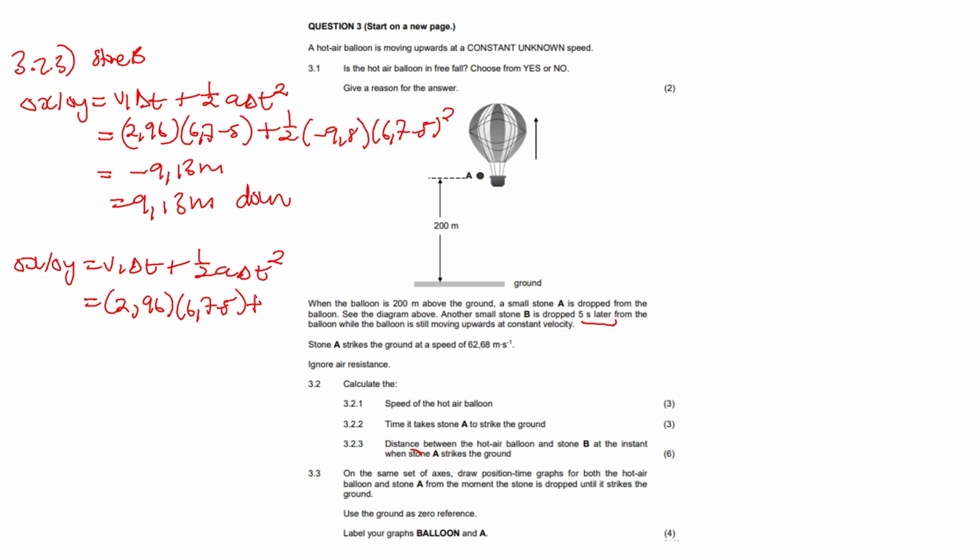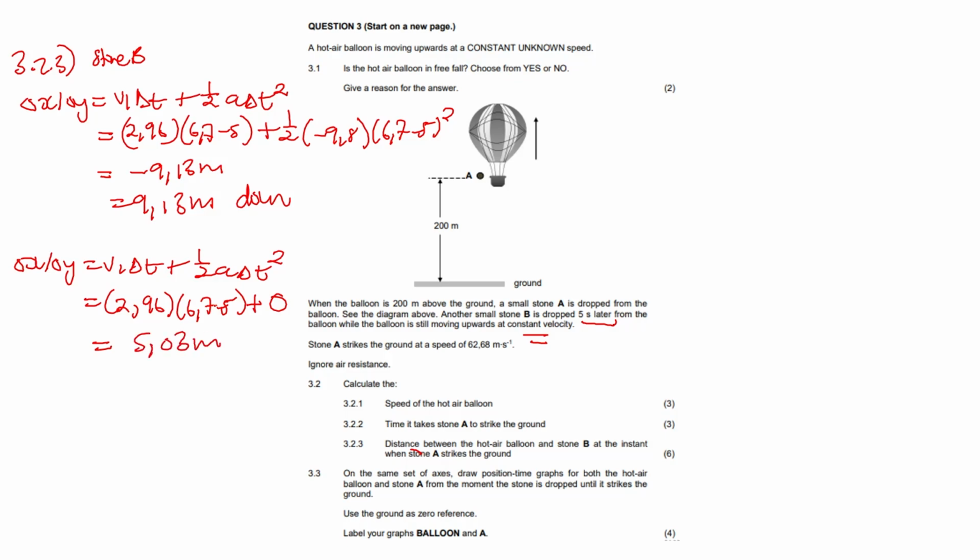The difference is that the hot air balloon was moving at a constant velocity even after stone B was dropped. So that means acceleration is still 0. Anything multiplied by 0 will remain 0, so that whole equation there is 0. We jot that into the calculator and we get the distance that the hot air balloon travels to be 5,03 meters.